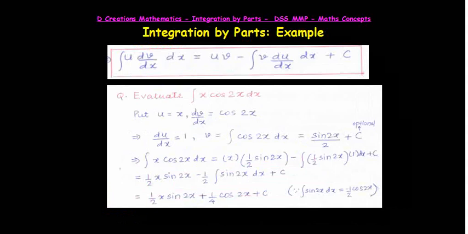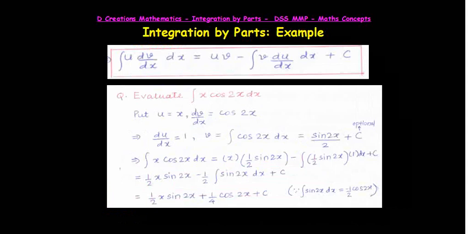So what you essentially need to do is identify u and dv by dx, and we had already talked about the LIATE rule that is used for that. Now looking at this example, integral of x cos 2x dx, we will put u as x, dv by dx as cos 2x. So if u is x, du by dx will be 1.